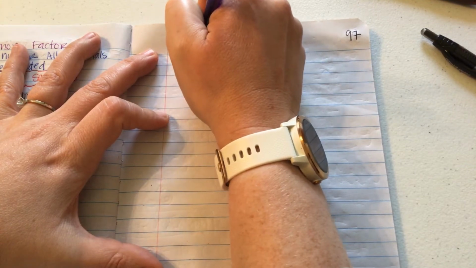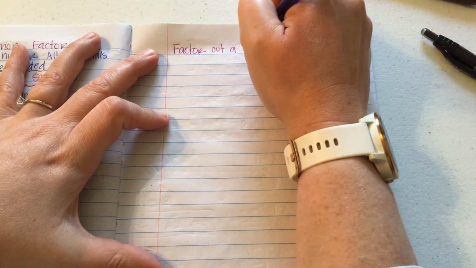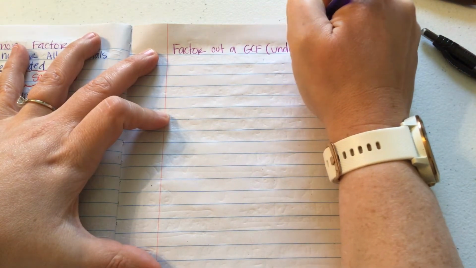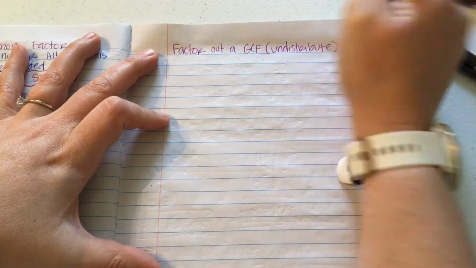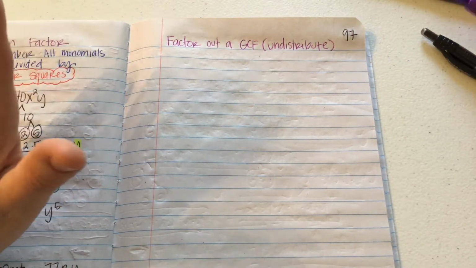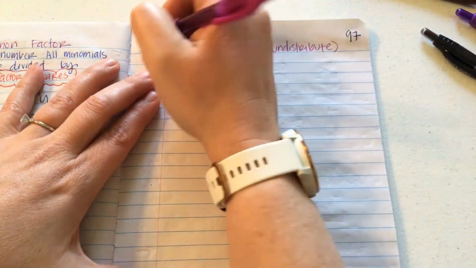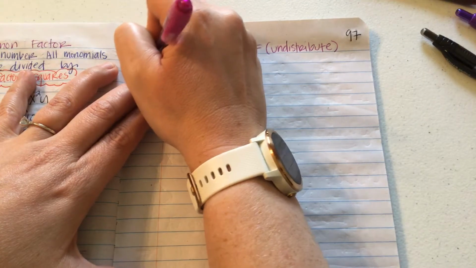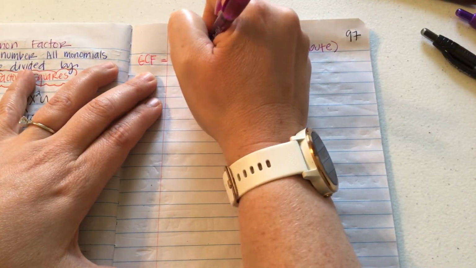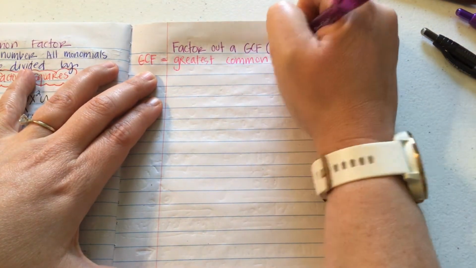So we are going to factor out a GCF, which is undistribute. So we are going to be doing the inverse of what we've been working on basically all year long. Again, let's just remember that a GCF is the greatest common factor.